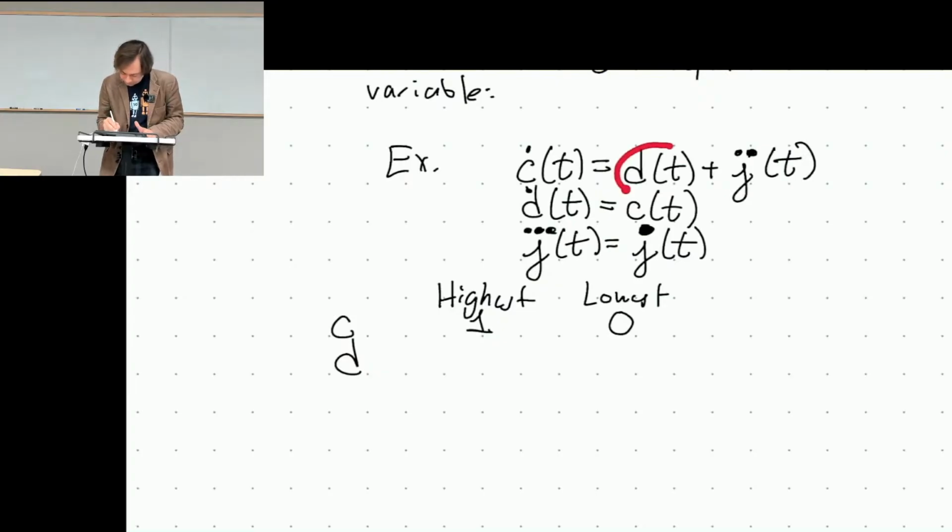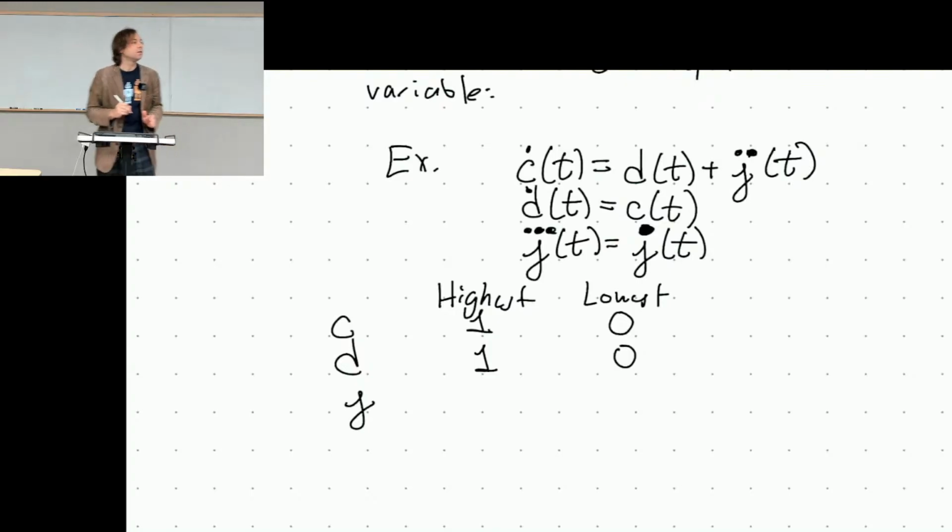For D, I see the highest is 1, lowest is 0. Now for J, the bane of my existence, J. What's the highest order derivative you see? 3. Doing some kind of jolt thing here. And the lowest is what? 1. Okay.